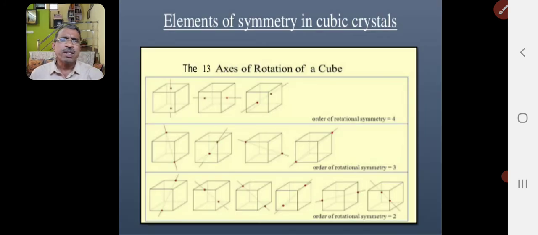Now coming to the axes of symmetry. This is a diagram. It shows we have three fourfold axes of symmetry, four threefold axes of symmetry, and six twofold axes of symmetry. Overall, 13 axes of symmetry.